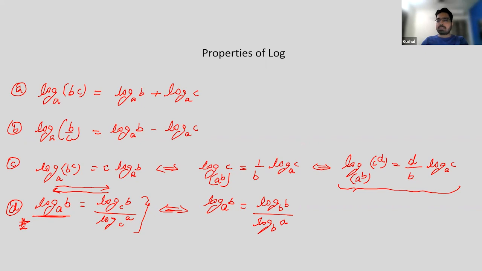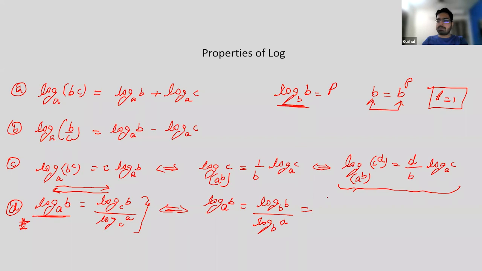Now, let's try and evaluate log of base b of b. Suppose it equals p. Then what will we be able to write? b is equal to b to the power of p. If this equation has to hold good, since the base is the same, your value of p has to be equal to 1. That means log of base b of b will always be equal to 1.